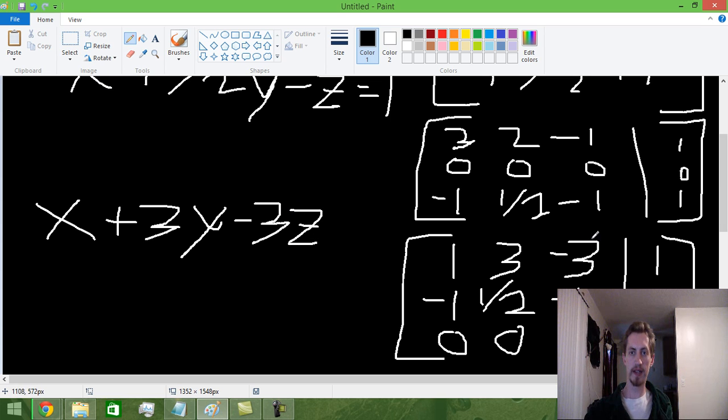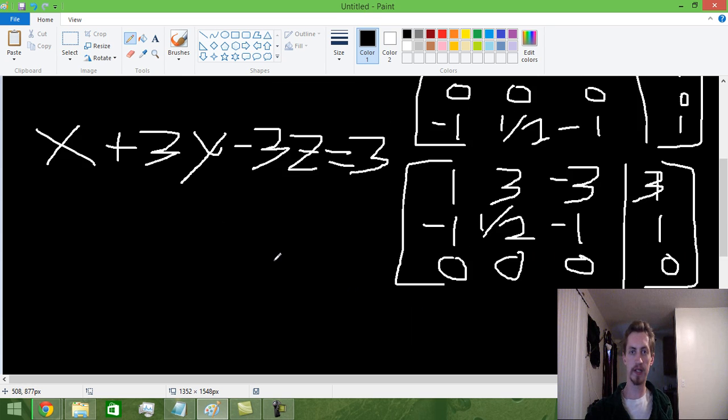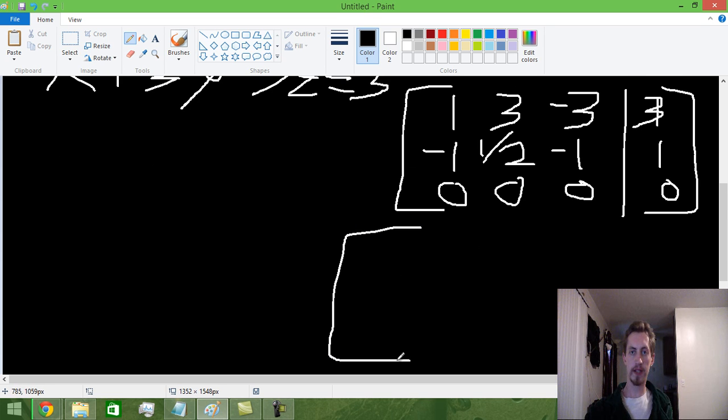Oh, and this would be a 3, 2 now, because we added this equation to that one twice, equals 3. So that's what this top line equals now. Now, if we add this top line to this middle line, a lot of things are going to drop out for us. So that's going to be 1, 3, minus 3. And we got a 3 here. Put zeros on the bottom.